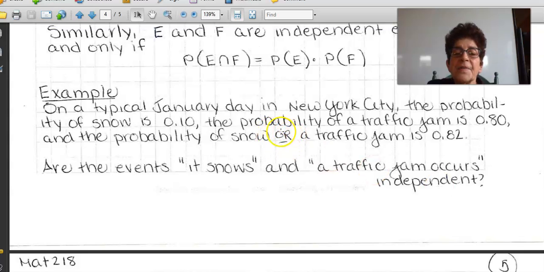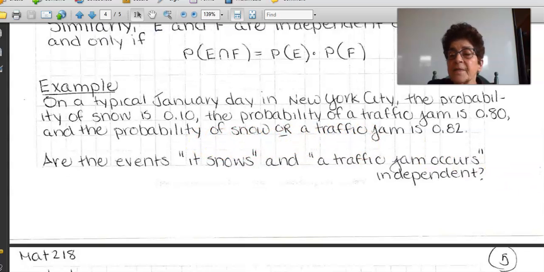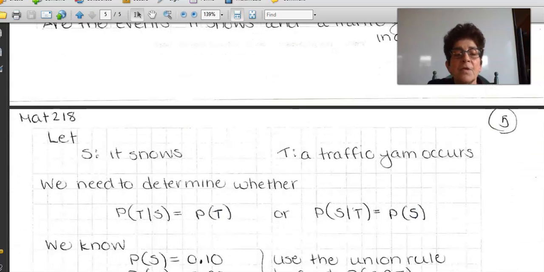Again, you might notice this "or" here is giving us a union of these two events. So let S be the event it snows, and let event T be a traffic jam occurs.